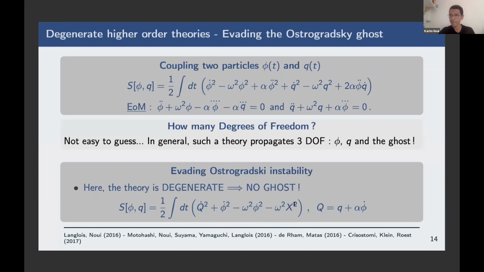So even though the equations of motion are higher order, even though you have higher order terms in the action, the action is called degenerate. And if you make a clever change of variable, you can show that there is no ghost at all. And this is the key ingredient, the degeneracy.